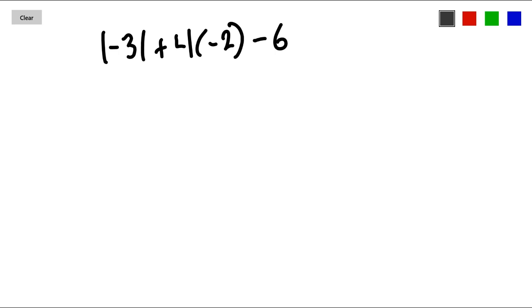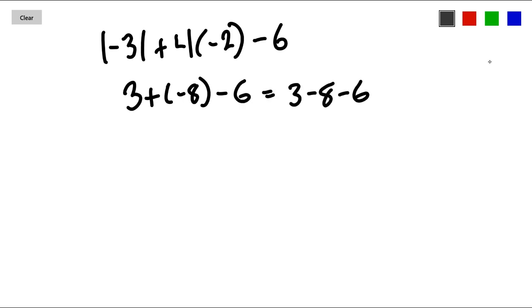The absolute value of negative 3 is positive 3. 4 times negative 2 is negative 8. This gives me 3 minus 8 minus 6. There are no exponents and no multiplication or division, so we just do the rest of the operations by subtracting. This gives me negative 5 minus 6, which gives me negative 11.